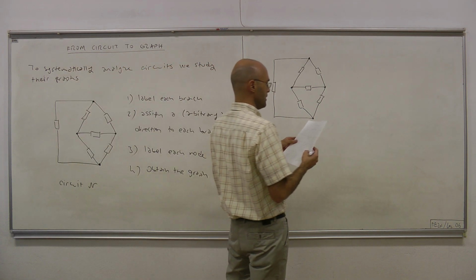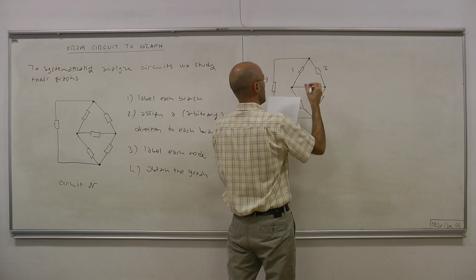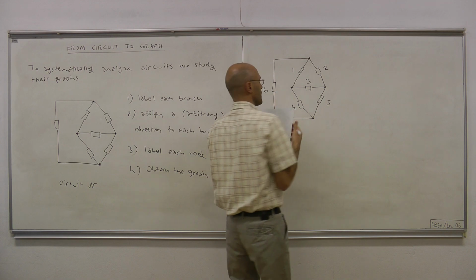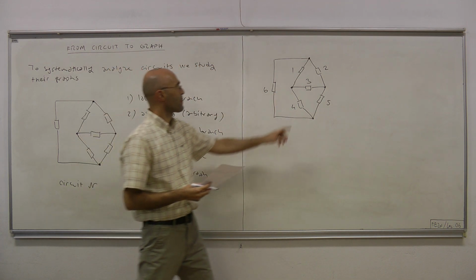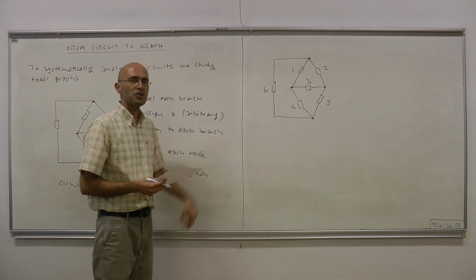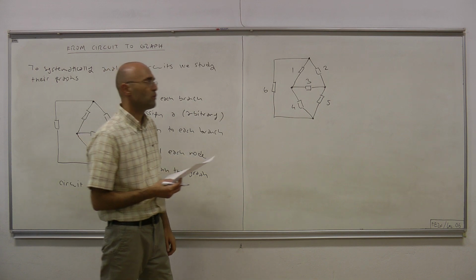Let's do it with numbers: 1, 2, 3, 4, 5, 6. It's arbitrary. This is our first branch, second branch, third branch, and so on. Then we assign a direction to each of those branches.